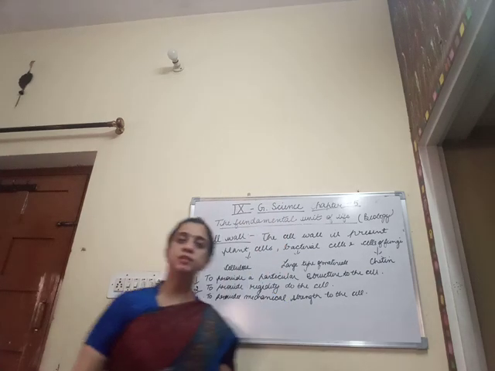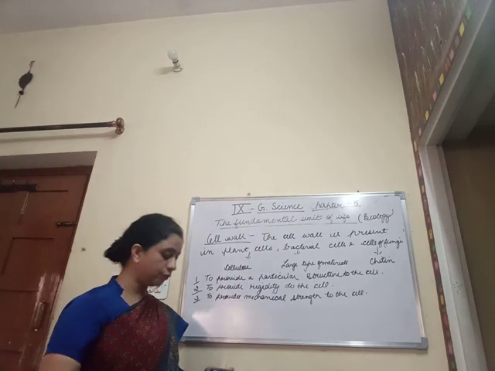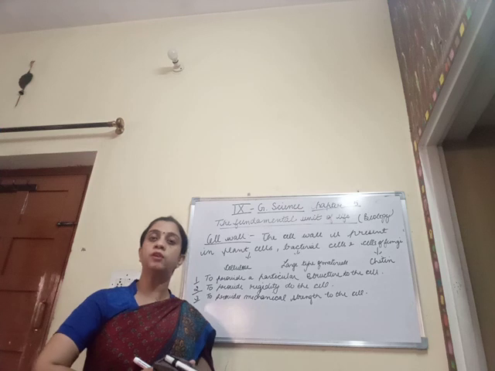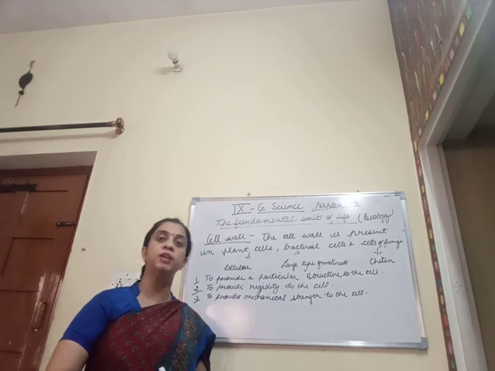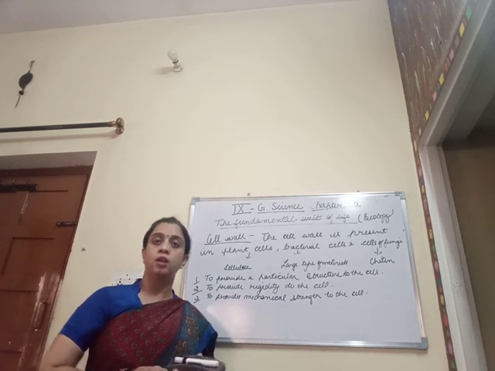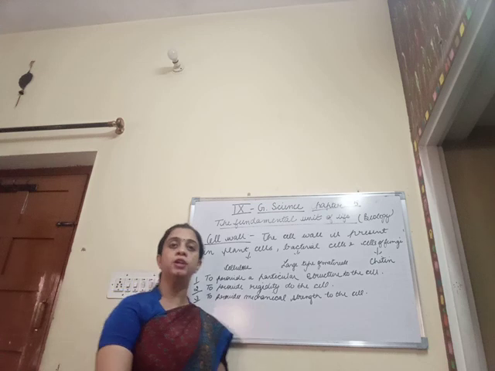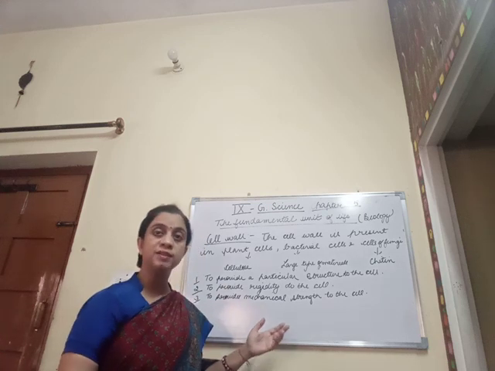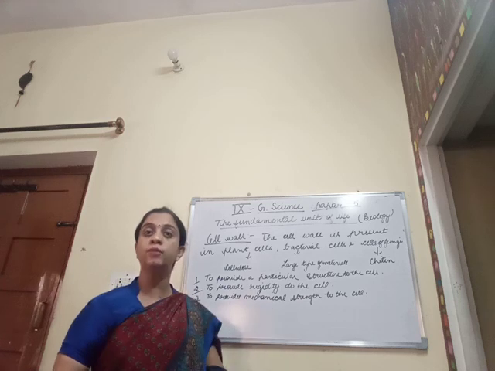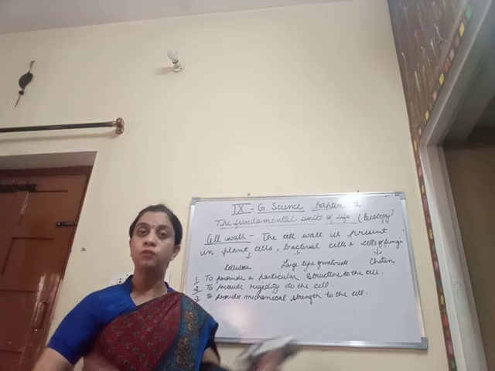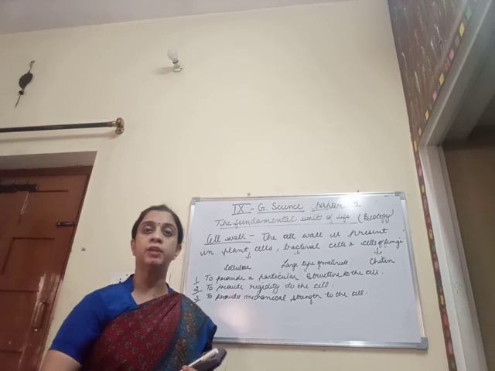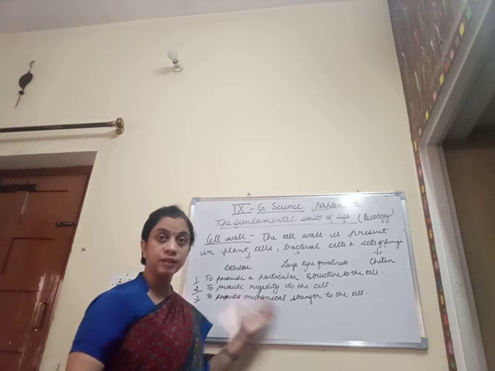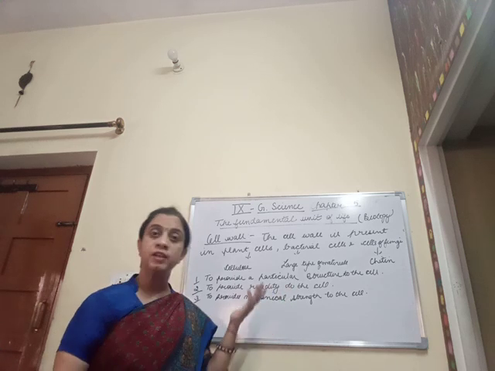Plant cells, bacterial cells and cells of fungi are very much exposed to harsh environmental conditions, and to protect them the cell wall plays a very major role, since it provides mechanical strength so that they can withstand the various extremities of environmental conditions.